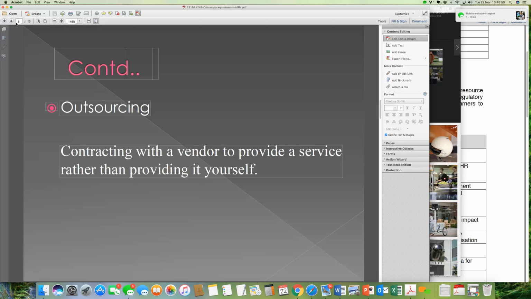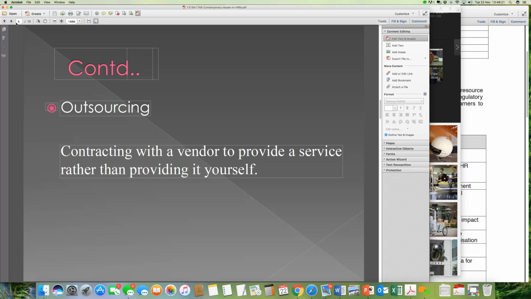So basically, outsourcing is also a contemporary issue because people are losing their jobs and HR managers have to walk a very thin line and look at a balance, so that they are able to make decisions about why employees were laid off or made redundant, and why the decision of outsourcing was made.